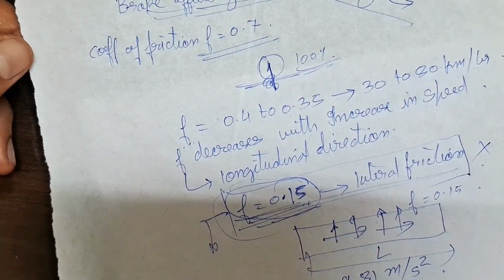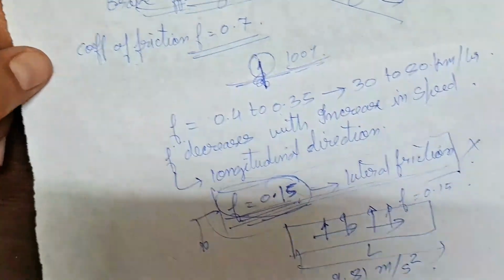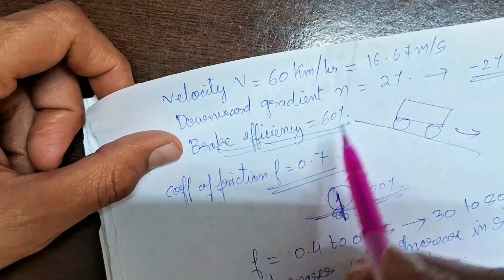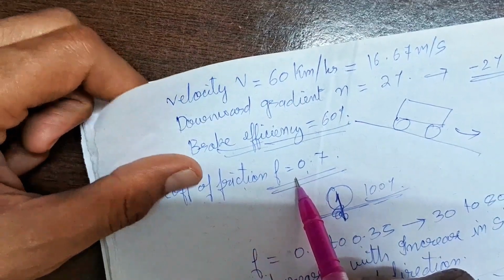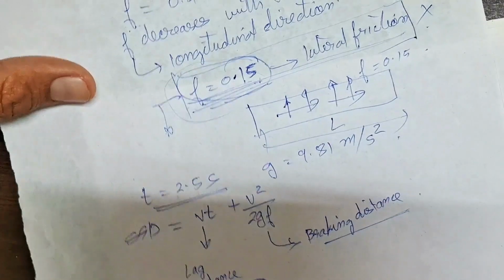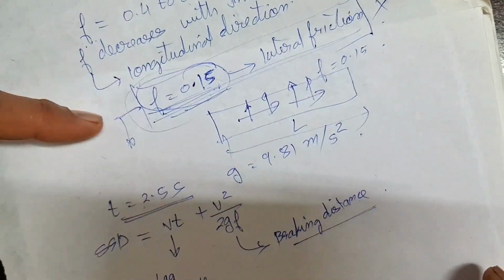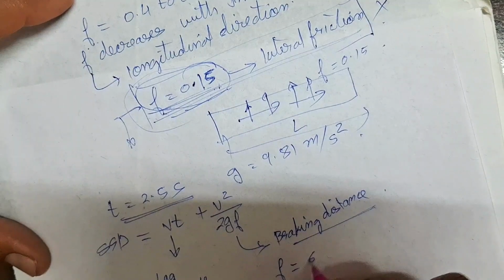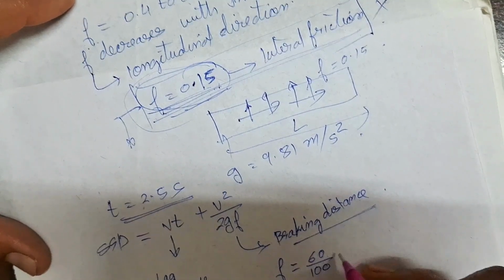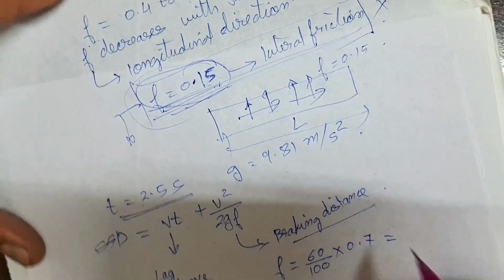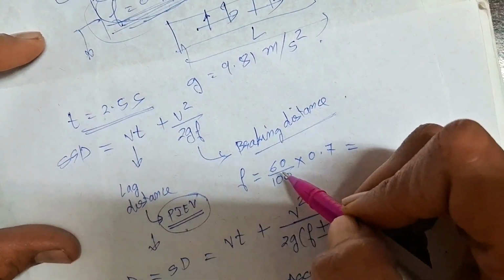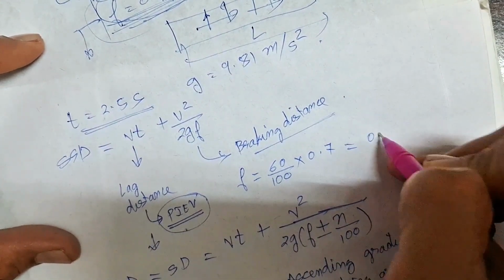Here we have forgotten to calculate the braking efficiency and coefficient of friction. Just note down, f value is equal to braking efficiency, that is 60 percent, means 60 by 100, that is 0.6 into 0.7. So f value will be 0.6 into 0.7, that is 0.42.